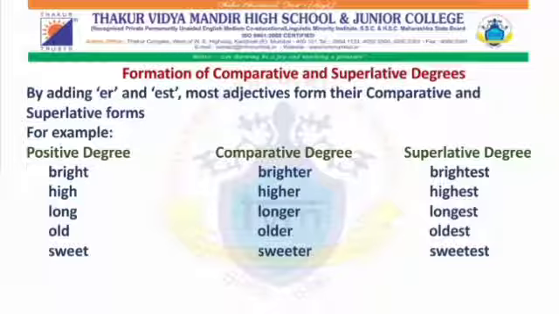And to change the word in superlative degree, we add est to the word bright. So we get the word brightest. Same way we get high, higher, highest, long, longer, longest, old, older, oldest, sweet, sweeter, sweetest.